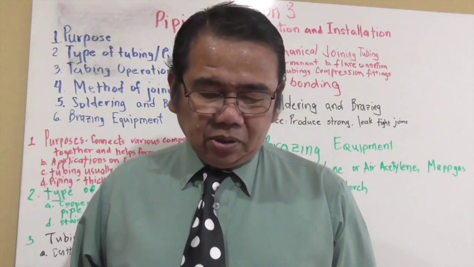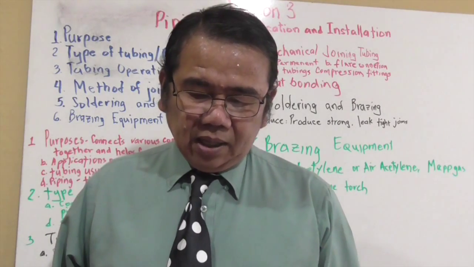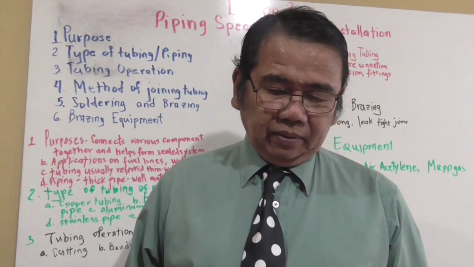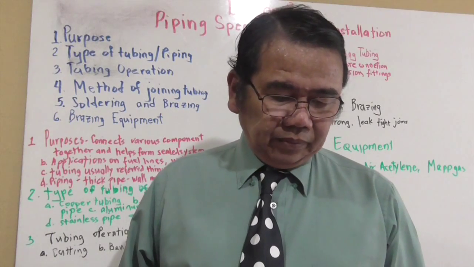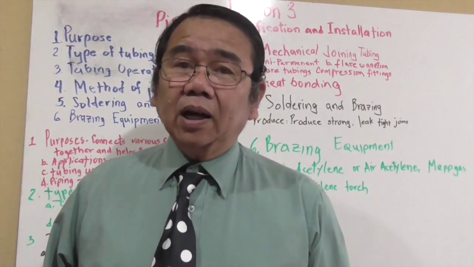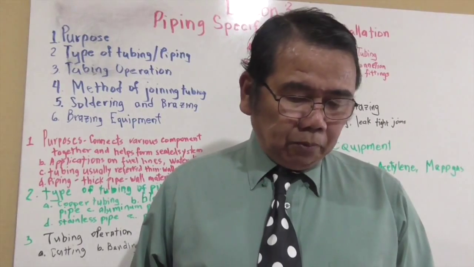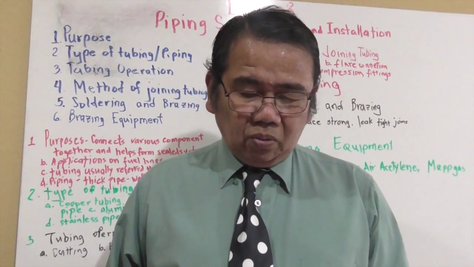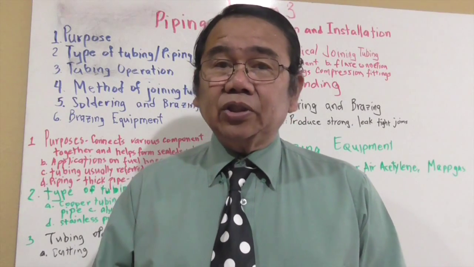Used on systems containing ammonia. That is, ammonia is R717. Okay, aluminum tubing. Aluminum tubing used for pilot gas on furnaces, water heaters, etc.